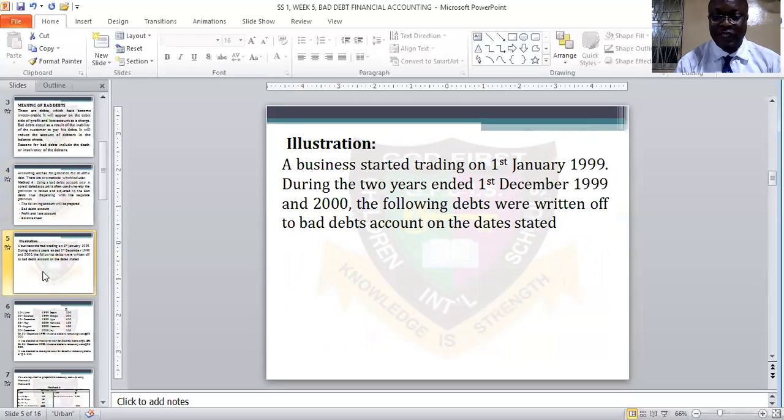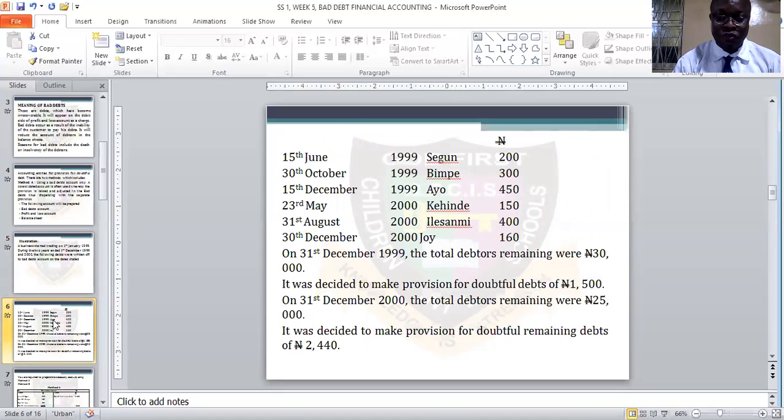During the 2 years ended 1999 and 2000, the following debts were written off to the bad debt account on the dates stated. The dates are: 5th June 1999, Shegun 200 naira; 30th October 1999, Bello 300 naira; 15th December 1999, Ayo 450 naira; 23rd May 2000, Kinde 150 naira; 31st August 2000, Ilesami 400 naira.